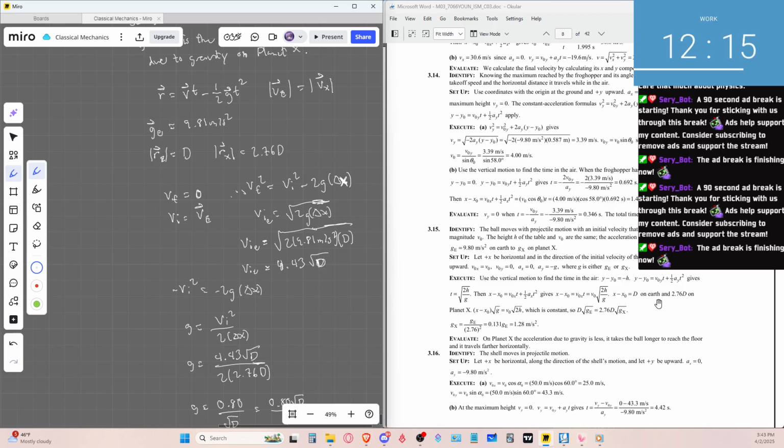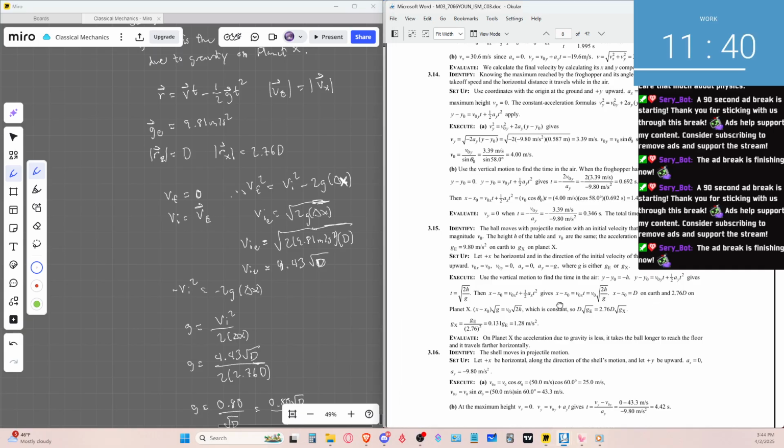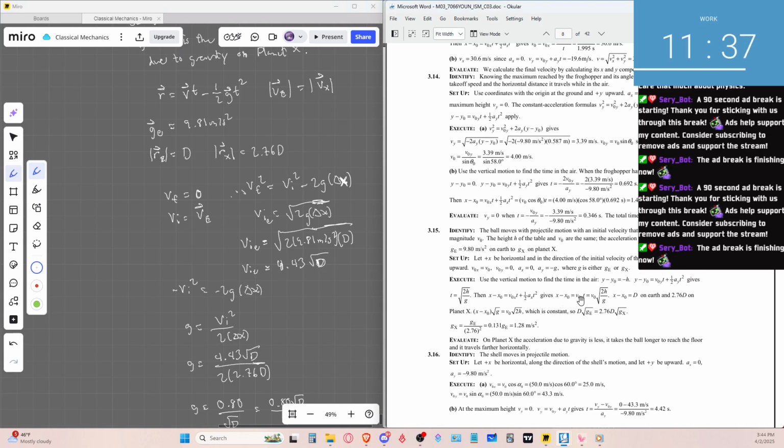Let X be horizontal in the direction. The velocity of Y, initial Y is 0. Oh no, that's X naught. And then the acceleration is G. Gives the... Oh, okay. So they got it from this part. So basically the difference is time, height.